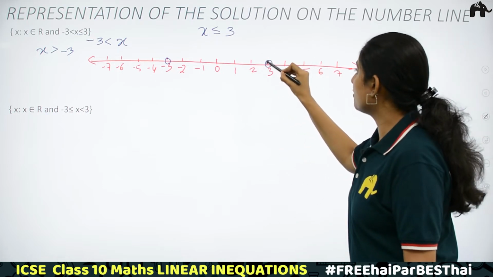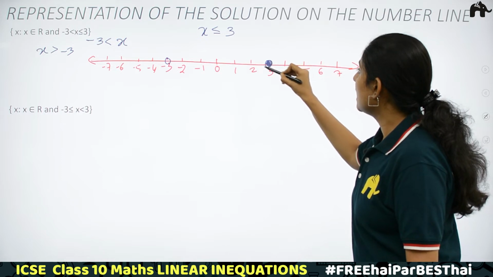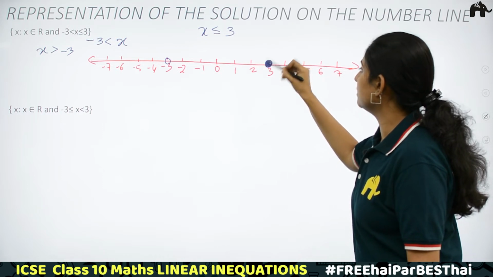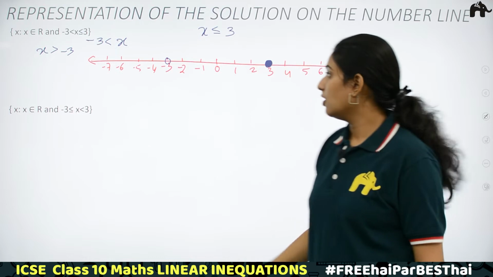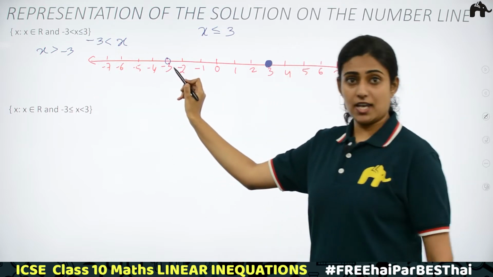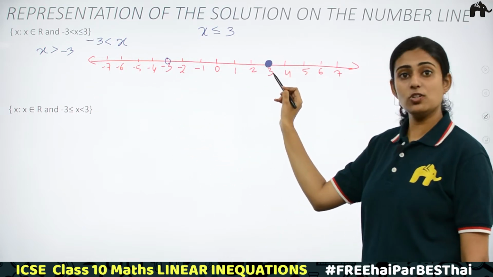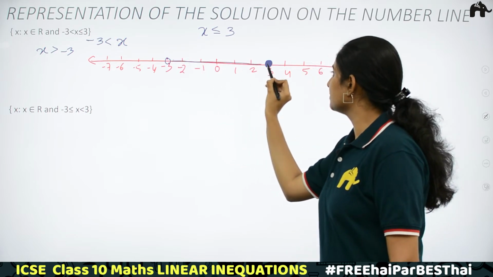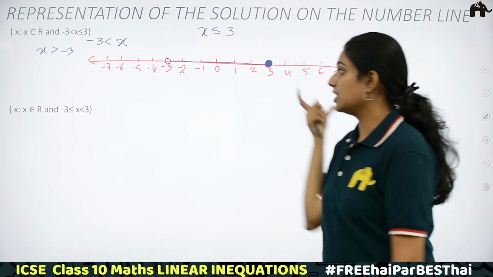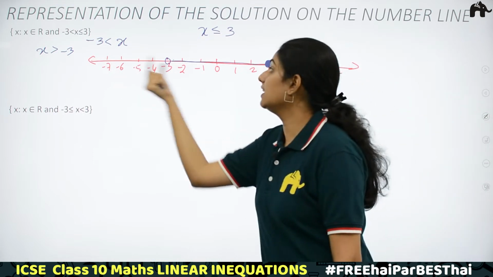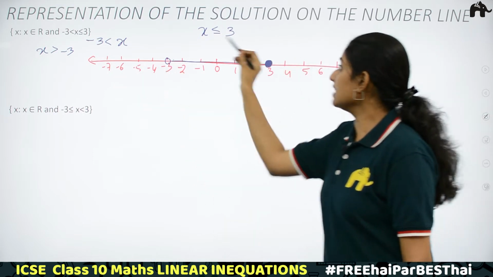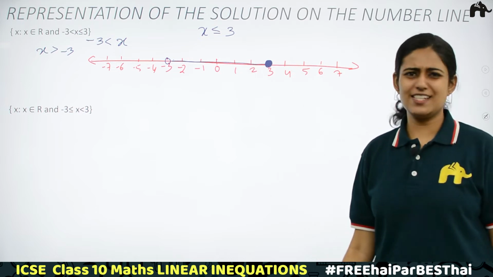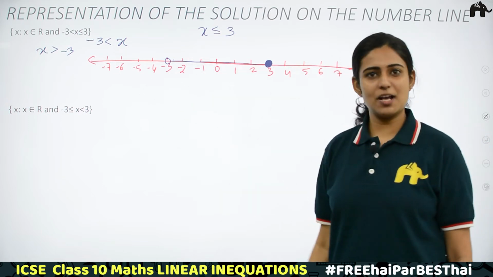And the values of x less than or equal to 3 are towards this direction. X should be greater than minus 3, less than or equal to 3, which means this is our solution region, where x is greater than minus 3 and x less than or equal to 3. Very easy, right? To represent these on the number line.